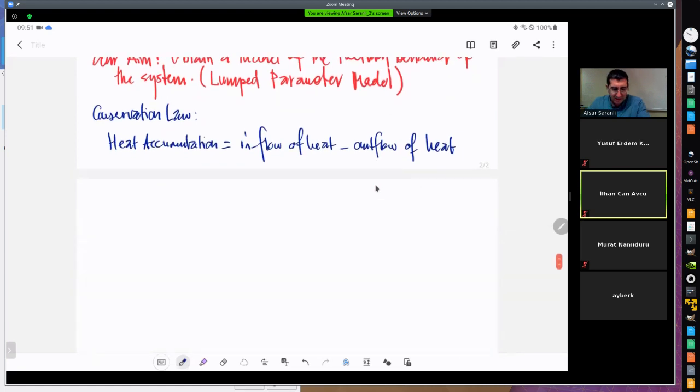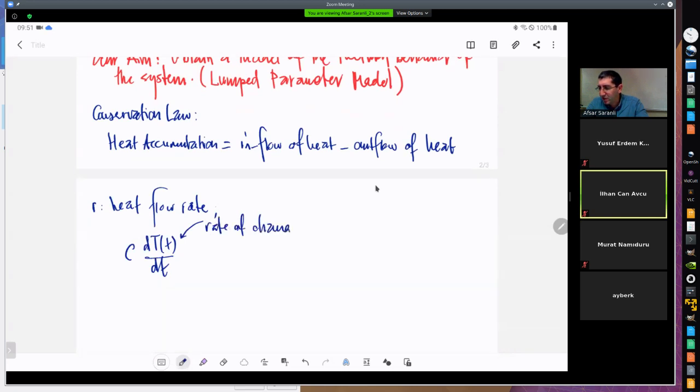So if we call R the heat flow rate, we basically have C times dT over dt. dT over dt is basically the rate of change of temperature.